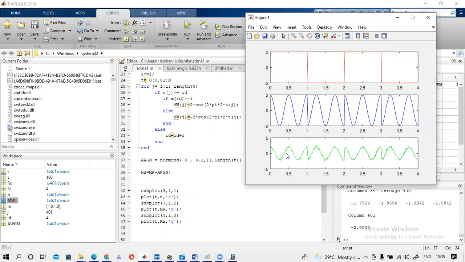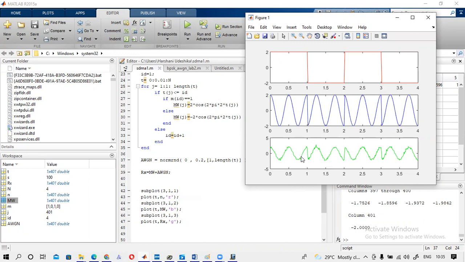So you can see that now the signal is affected very slightly. We have almost the transmitted signal here also. This is the transmitted signal, and this is the received signal, and here we almost have the transmitted signal.